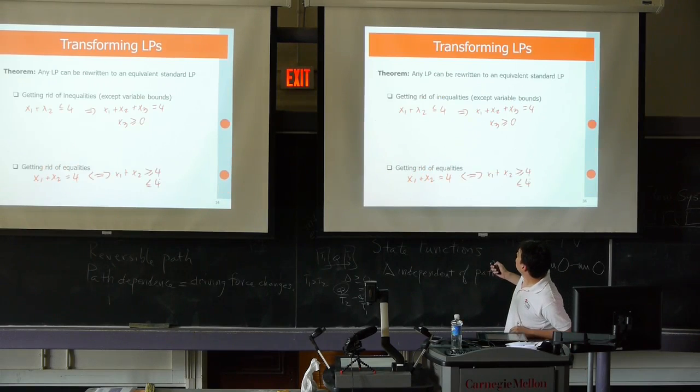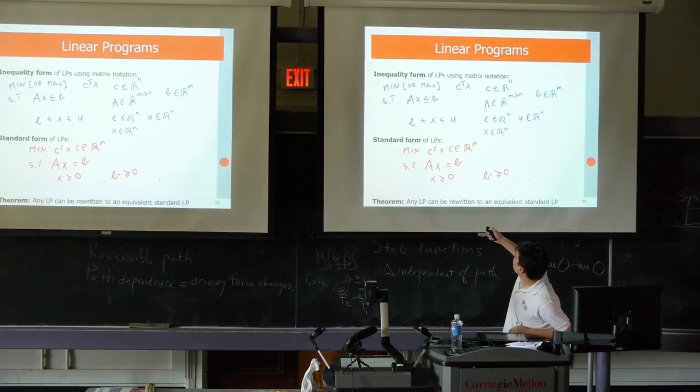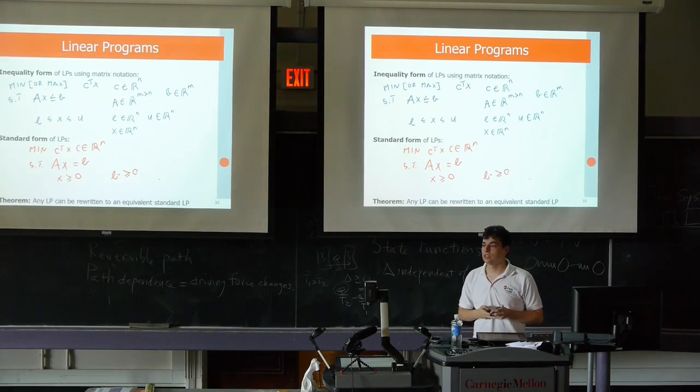And what can I do if in the vector b a component is negative? How can I make it non-negative?